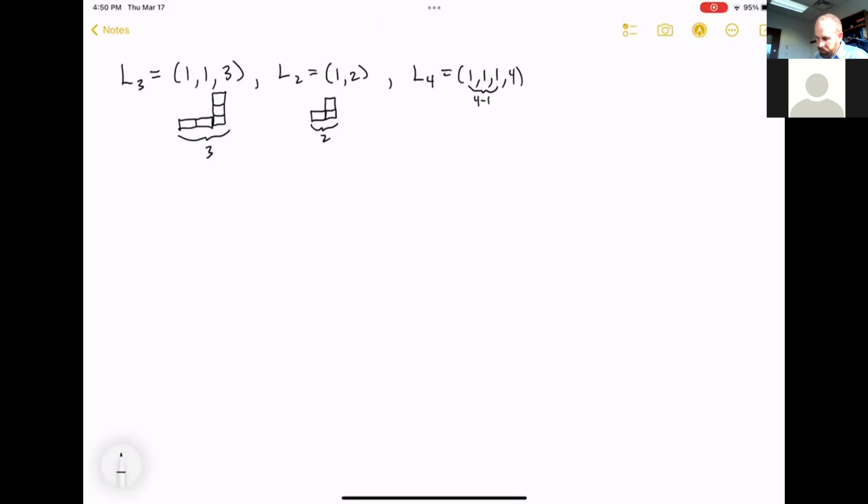So in general, Ln in this example is going to be n minus 1 ones, and then n.